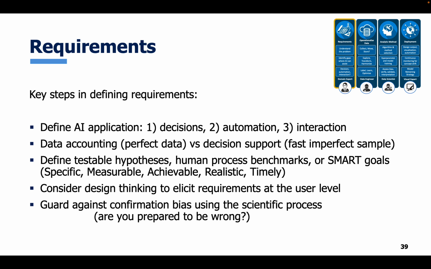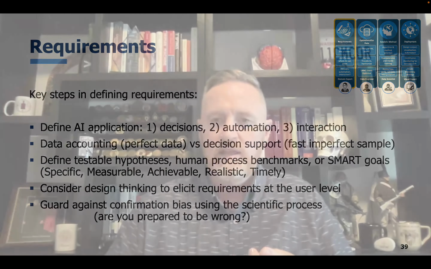It's either making better decisions, automating something, and automation doesn't have to be a physical factory line. It could be automating claims processing, for example, or interaction. And interaction could be with your end client or customer, but it could also be improving your help desk in their ability to get information to help a customer support type human interaction.